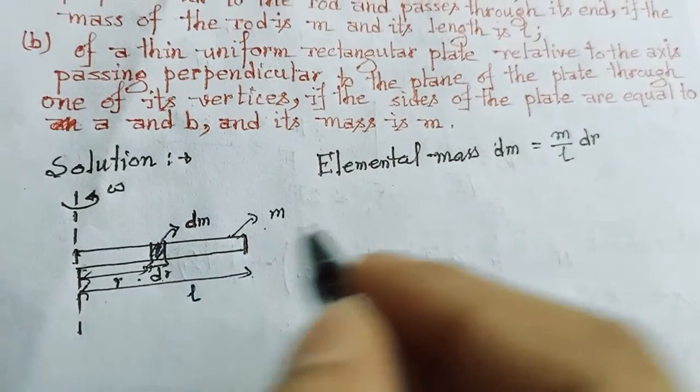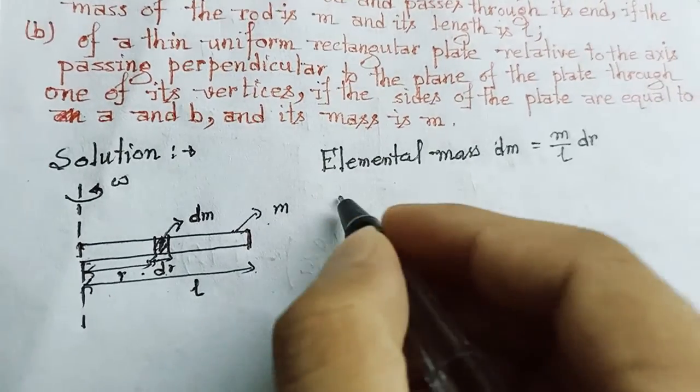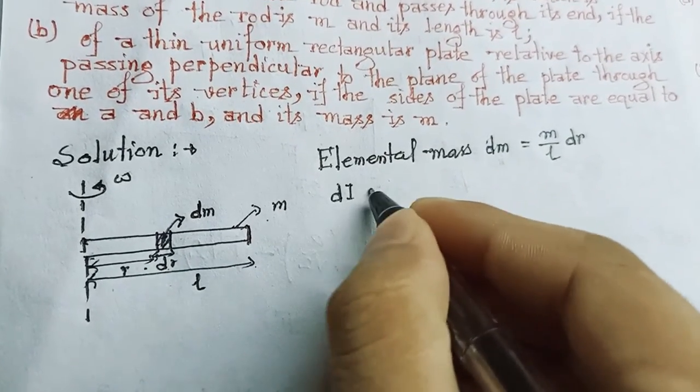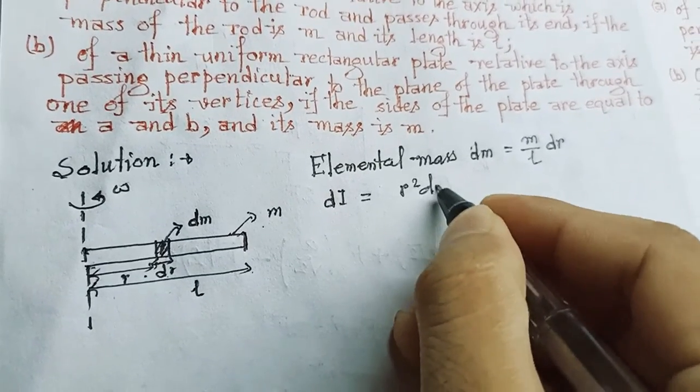So the moment of inertia of this elemental or small segment, dI, will be r square dm.